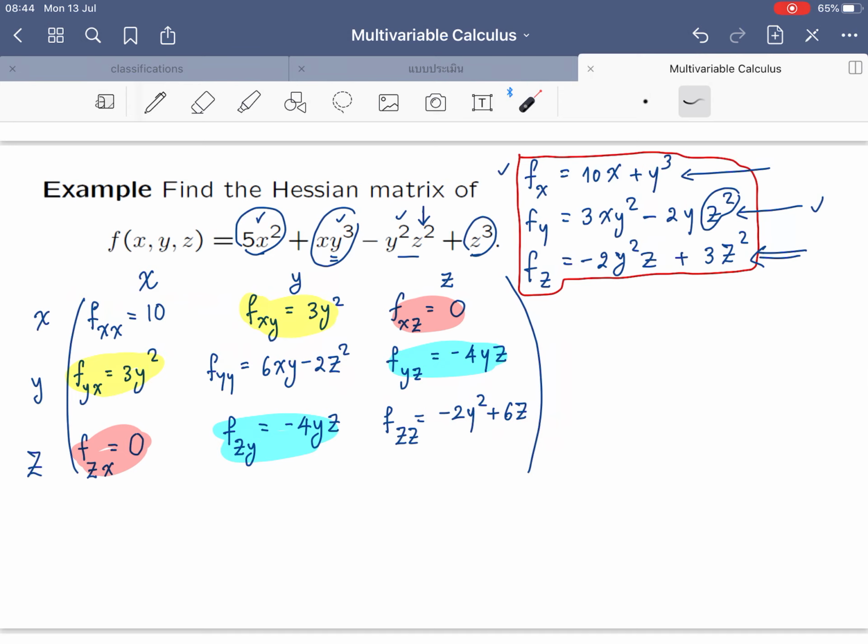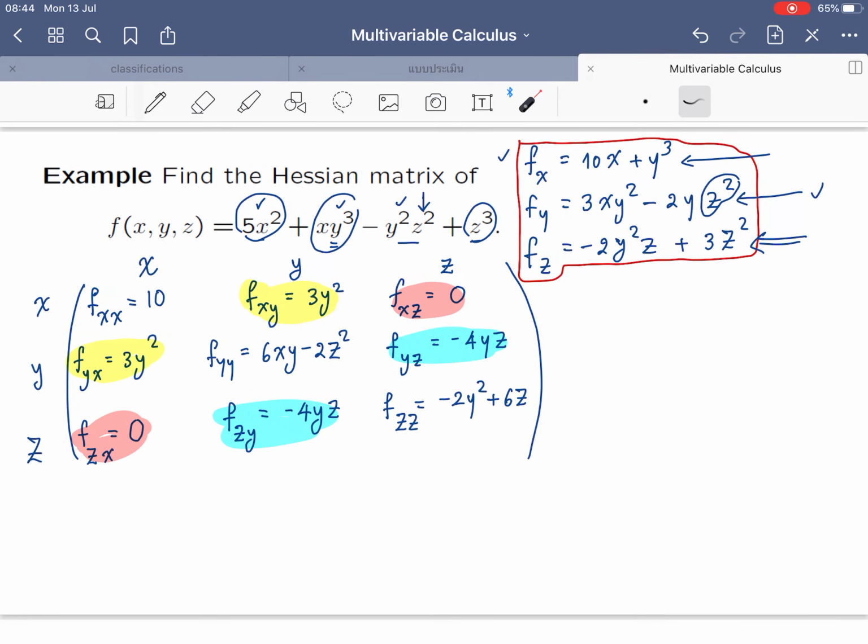This is one of the properties of the Hessian matrix, of what we have learned as well, that these will be equal, compared to the main diagonal.